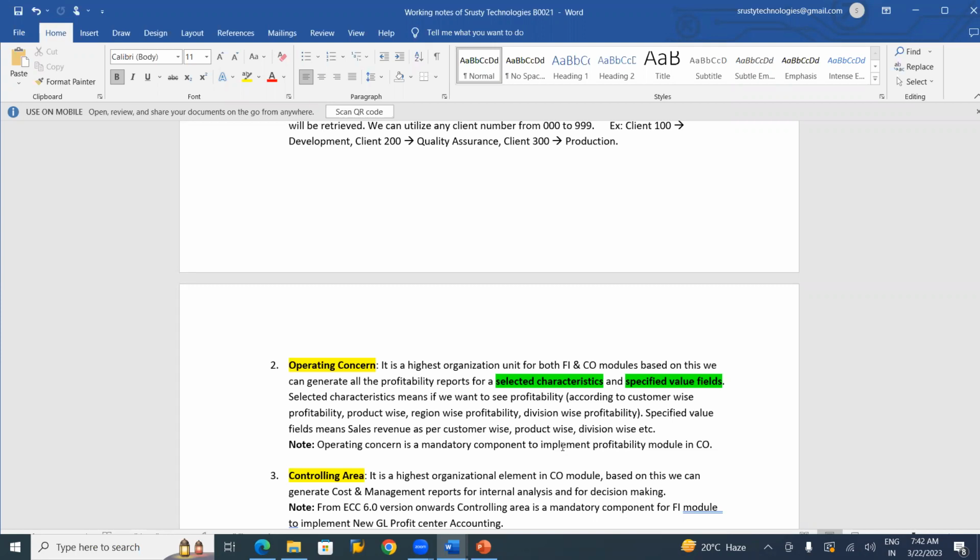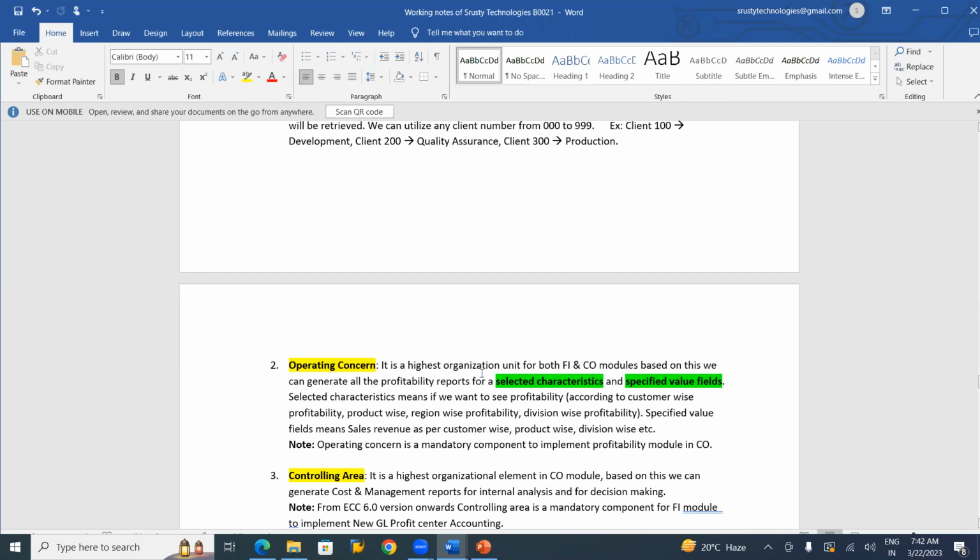Here I'm mentioning FI and CO modules, but at the same time it is also mandatory for other modules, like your MM module and SD module.